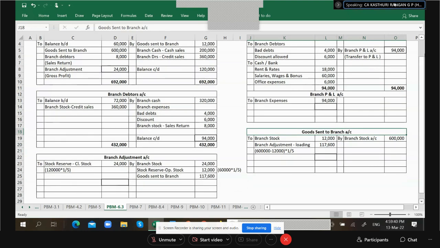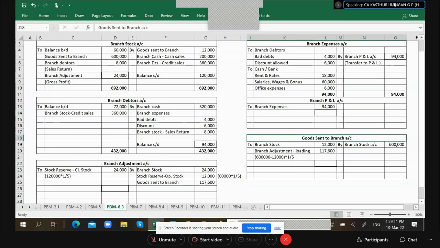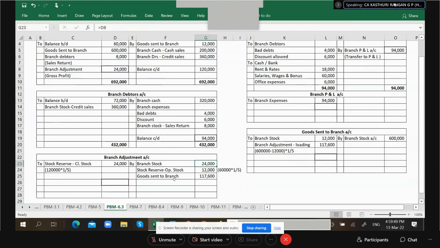So therefore, friends, you see in the branch adjustment account, profit of 24,000 subject to loading, all loading adjustment done. Now you find the correct gross profit transferred to branch P&L. So what is the correct gross profit? It is 1,29,600. The difference is the correct profit.